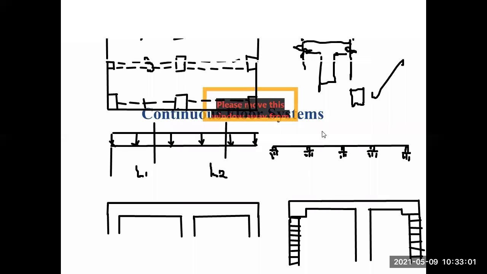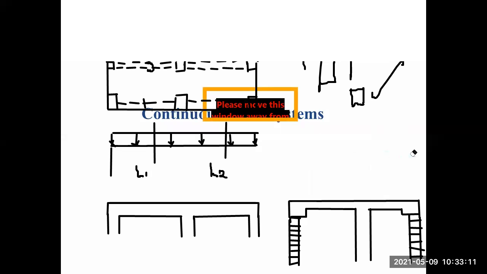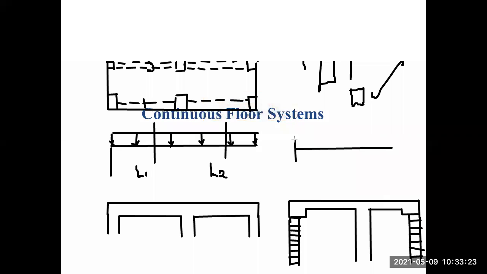Okay, if I have a cantilever, let me remove one of these so that I have enough space. If I have a cantilever, and the cantilever is fixed at one of its ends, which is all the time the same thing. This is fixed. When fixed, that means you have a moment.